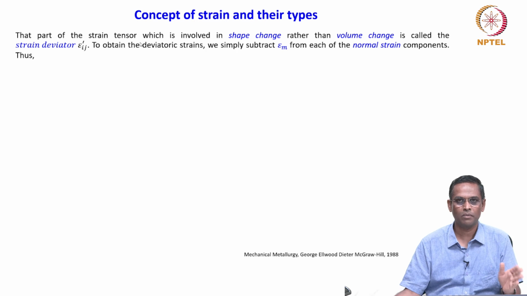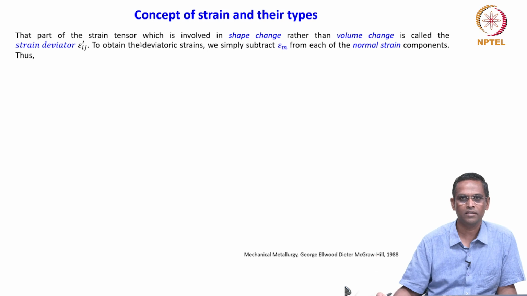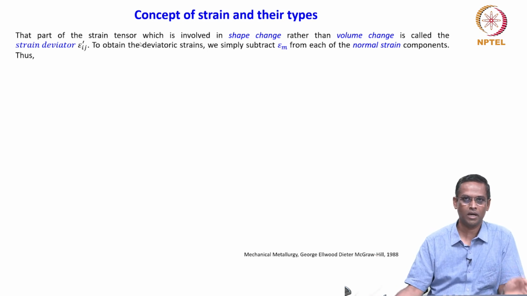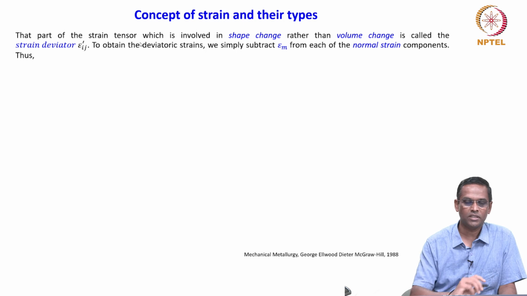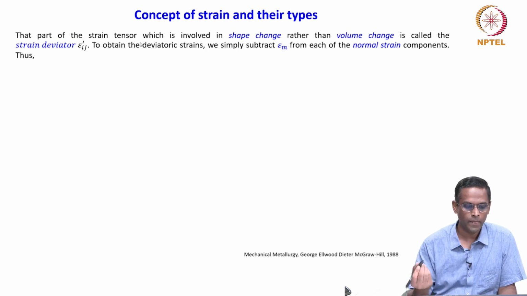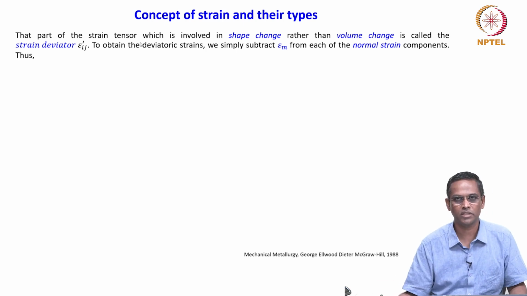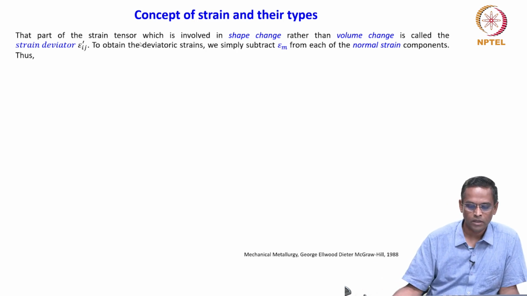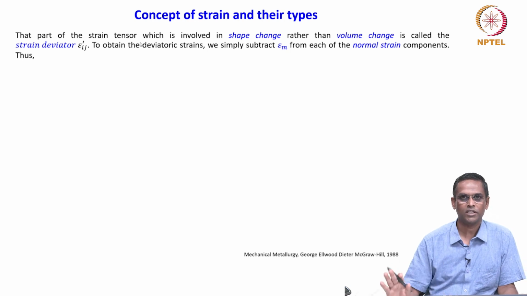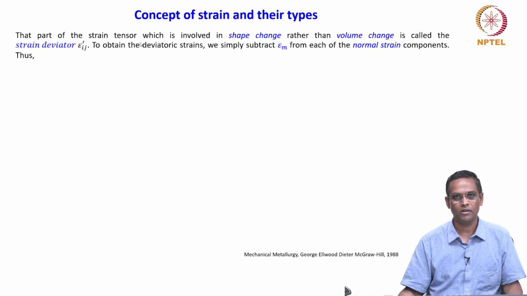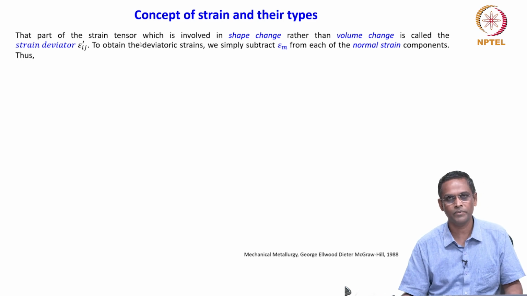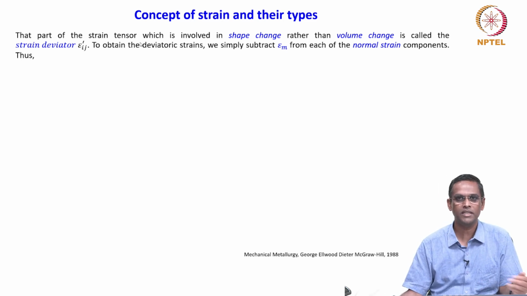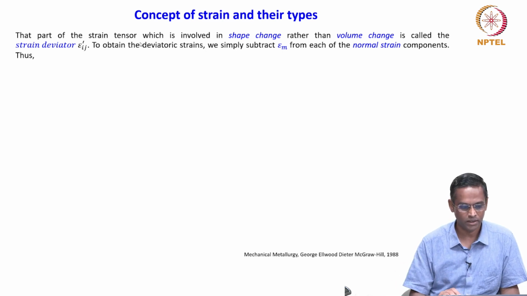You will appreciate this when we refer to these terms in the theory of plasticity and deformation or any metal forming processes. We will refer to the strain deviator or stress deviator, which is responsible for the yielding process or forming process. So, that is exactly as an introduction. If you are familiar with these terms and the corresponding equations, then it will be easy to appreciate later without any confusion. That is why we are seeing all these things in detail.